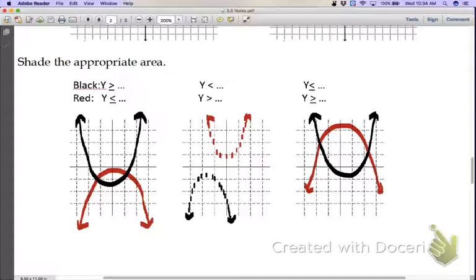If black is everything on top and red is everything on bottom, we want to shade where everything is going to overlap. So for the black one on the first one, or the one on the left, it's y is greater than. So if it's y greater than, I would do this the same way we did with linear equations and know, okay, I have to shade that direction. I have to go up from there.